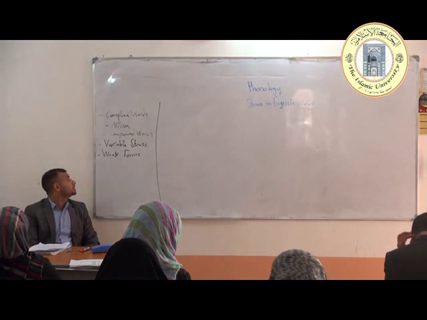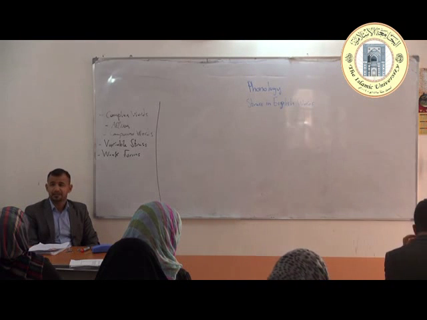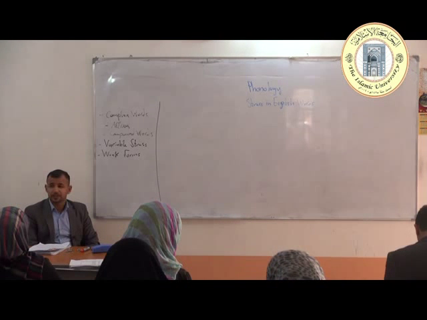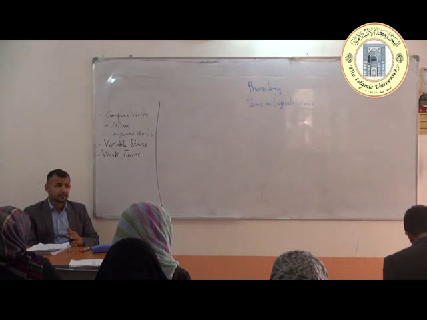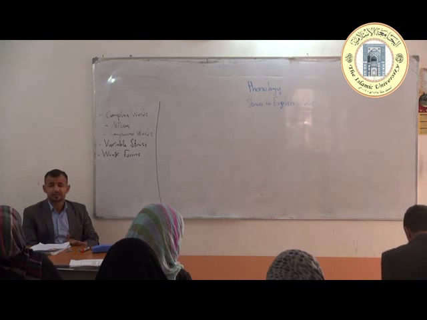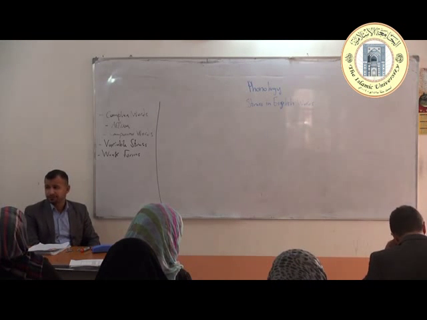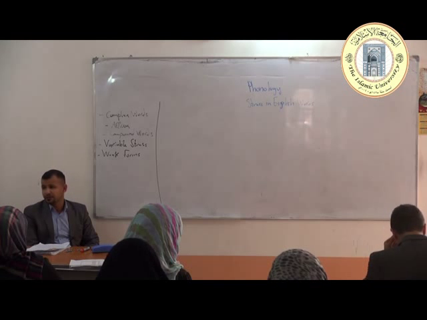Complex words, we said that we have affixes. Now, when we have a complex word composed of an affix and a free morpheme, it will be, morphologically, a stem plus an affix, which is either a prefix or infix, or so.